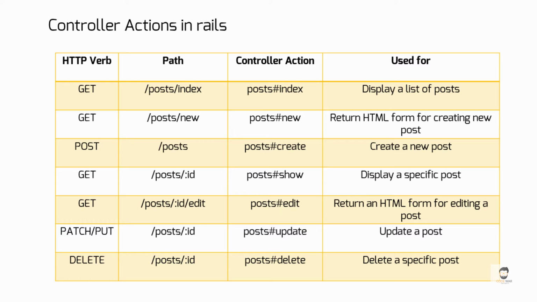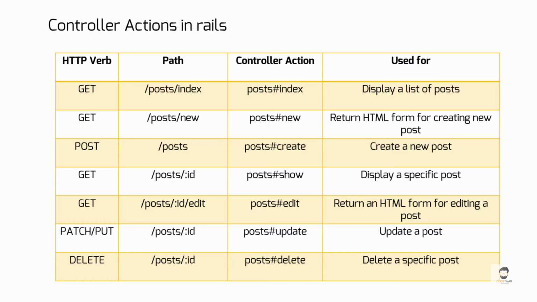Basically, the index action is used to display a list of the posts that we have created in our application. If you have created a list of posts, it will be displayed in your index page, which means the home page. And post/new is the URI to get that.